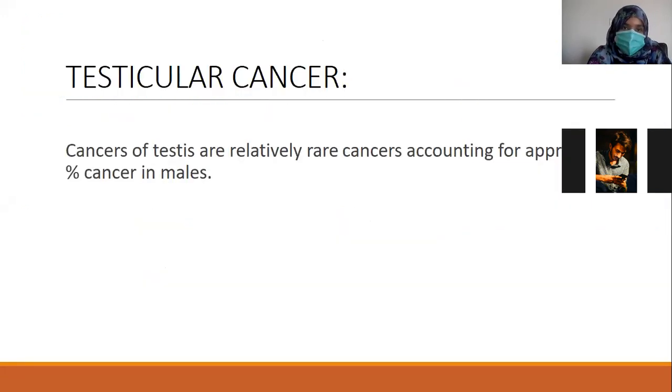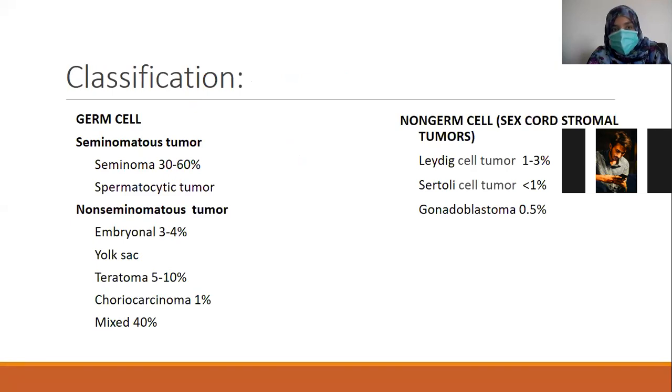Okay. Now, testicular cancers. Testicular cancers are relatively rare, accounting for approximately 1% of cancers in males. The classification, you all know, Dr. Kamal has very well taught you. We can classify into germ cell and non-germ cell testicular tumors. In germ cell tumors, there are seminomatous tumors and non-seminomatous tumors.